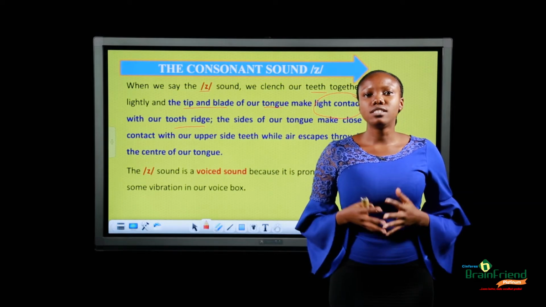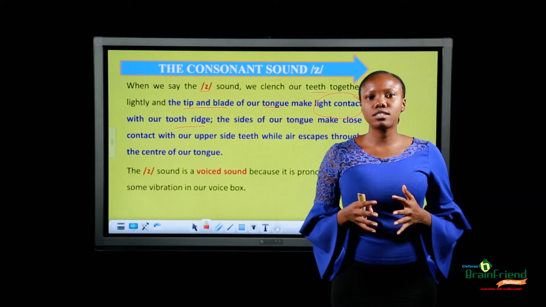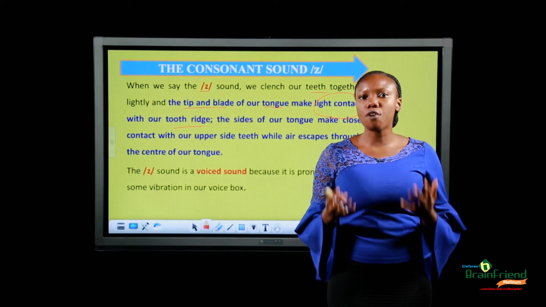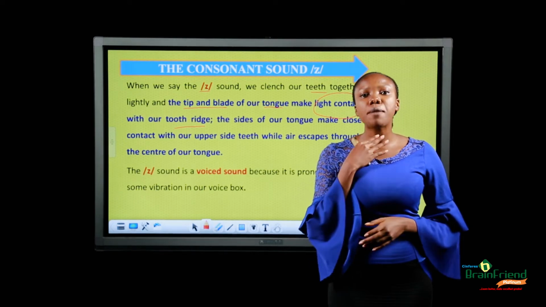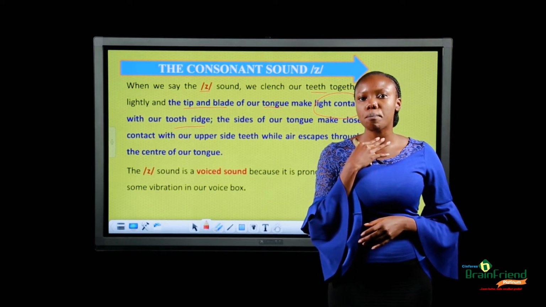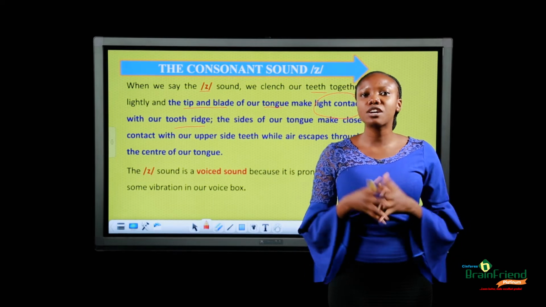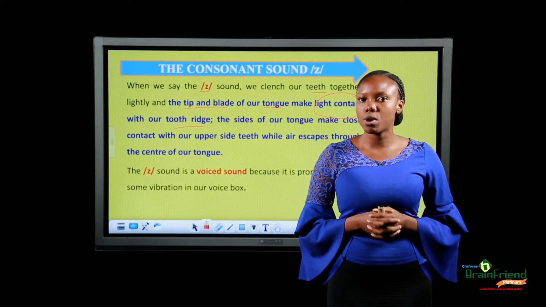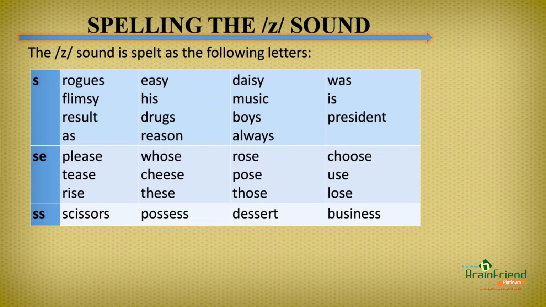Like this: z, z. Note that this sound is voiced because there's a vibration in our voice box. Let's take a look at how this sound is spelt in words.